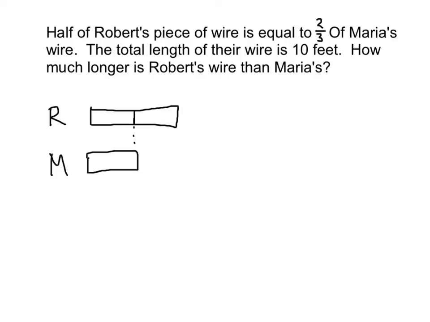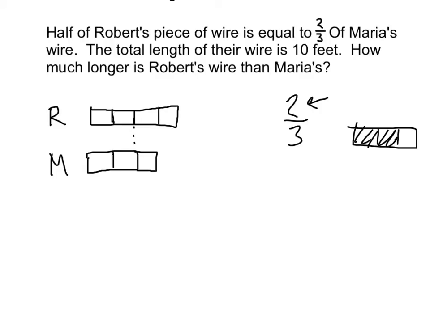And that fraction 2/3 here says that I have 2 pieces out of 3. So if I have 3 pieces, 2 of those has to equal half of Robert's. So I really need this to be in 2 pieces. And then I need another piece so that 2/3 of hers is the same as half of Robert's. Well, let's make our equal parts here. So now I have a bunch of equal parts. Well, now the model's done.